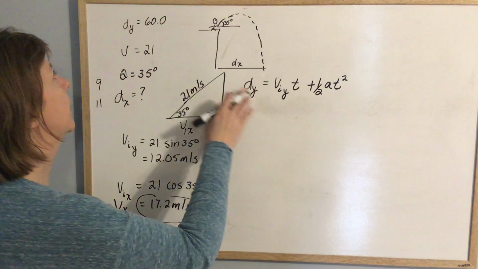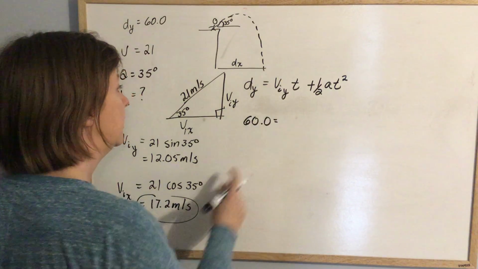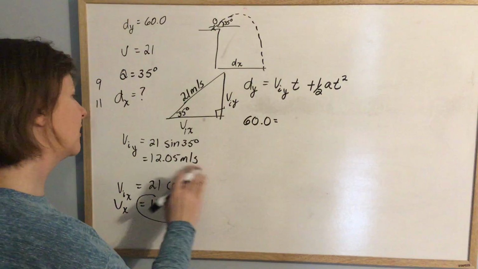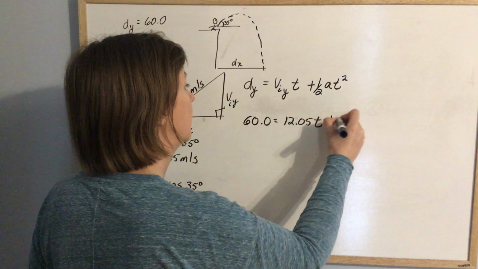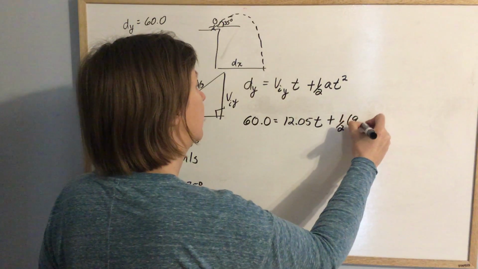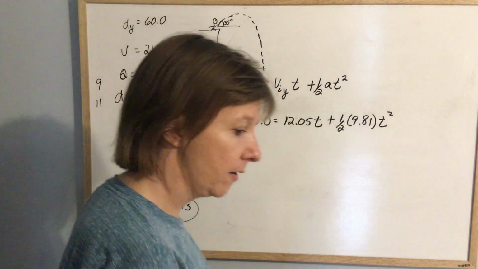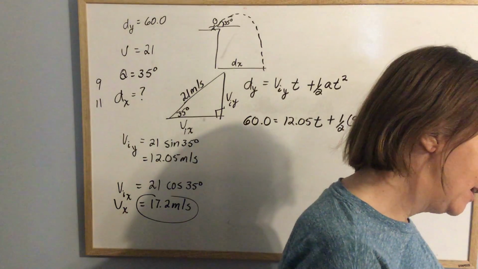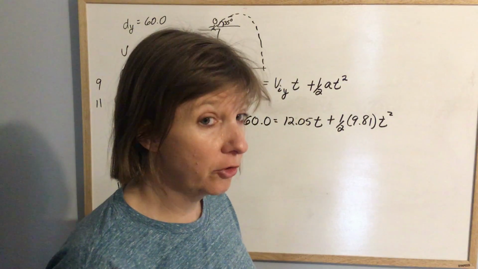So in the y direction, that's 60 is equal to initial velocity in the y, and again, that's not 0 anymore. That's 12.05 t plus 1/2 9.81 times t squared. Now, again, we're going to end up doing the quadratic formula.